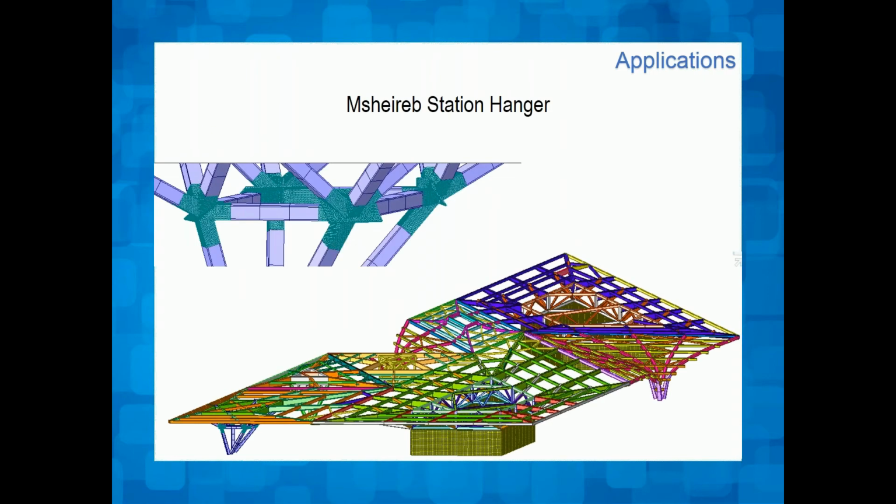Another example is Mishrib Station Hangar, analyzed and designed by Tony G. The specialty of this structure is the steel structure supported by a concrete core wall. Also, the complex steel joints were checked for local stresses using solid meshing. We shall see this in the demonstration.